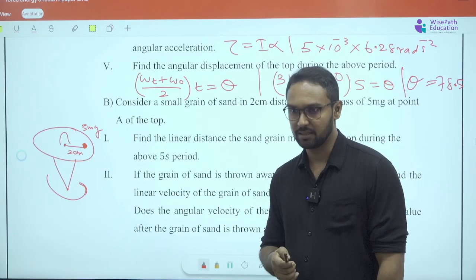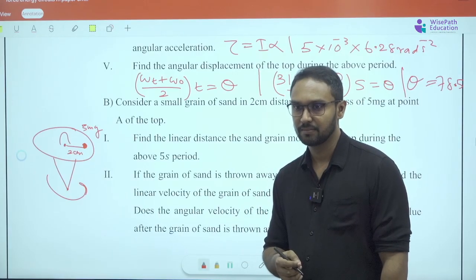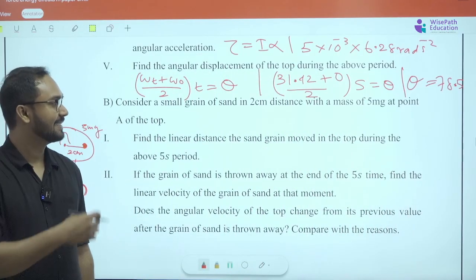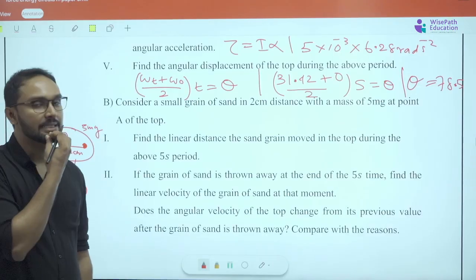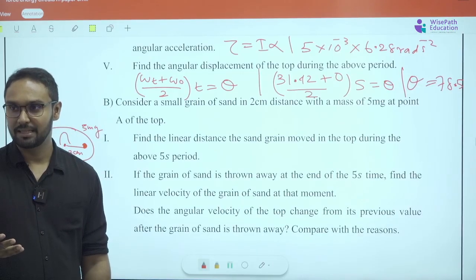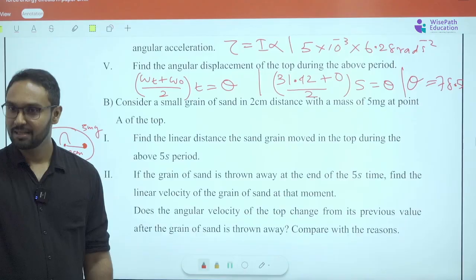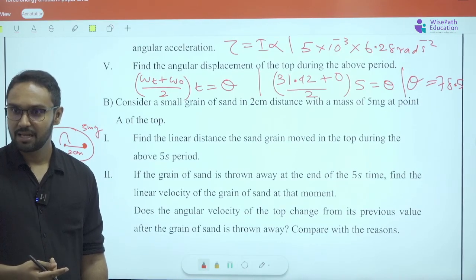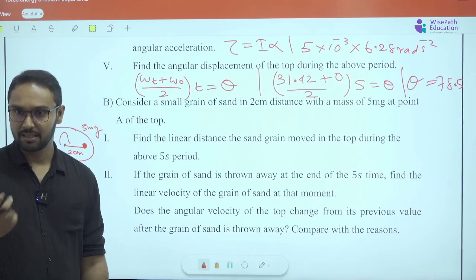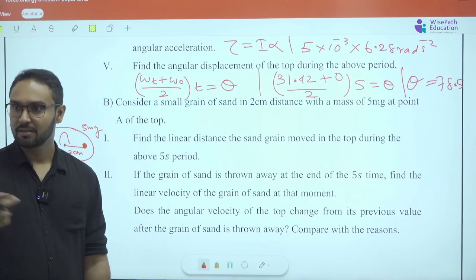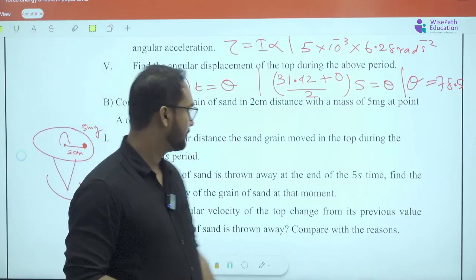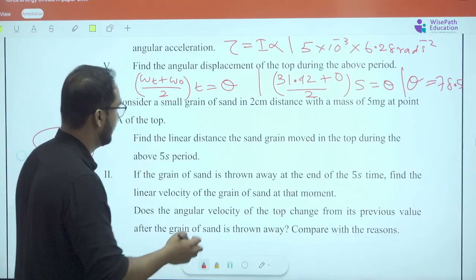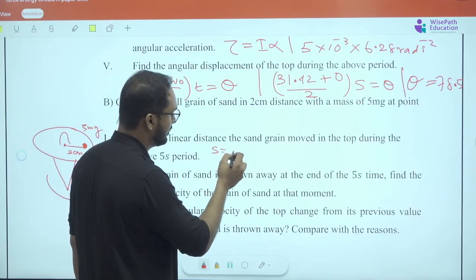So S equals r theta, and into the number of revolutions or rotations, yes. So how do you find it? S equals r theta, right?